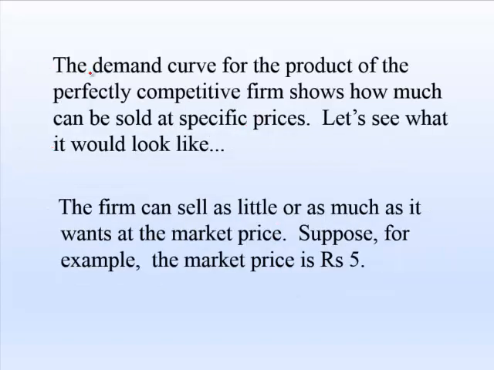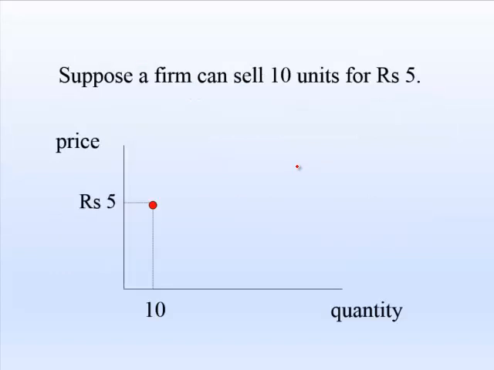Okay, let's discuss the demand curve of the product of a perfectly competitive firm, which shows how much they can sell at specific prices. Suppose there is a market price of rupees 5, and at 5 they can sell 10 units of the commodity.